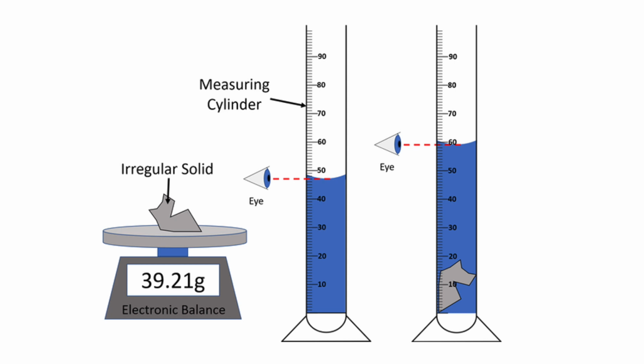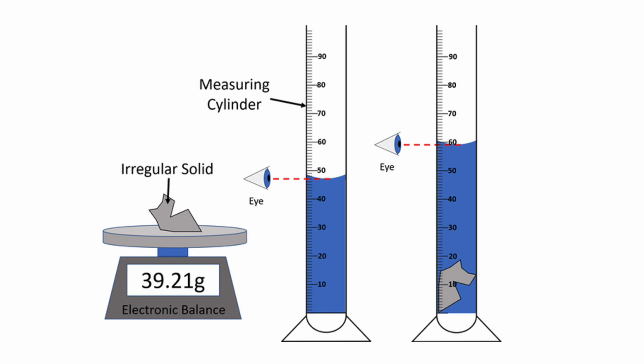First, we can find out the mass using the electronic balance. It is 39.21 gram. Second, we can take some water, here it is a colored liquid, and we can measure its volume. It's coming around 47 centimeter cube. Now, after dipping that irregular shaped solid object, you can measure the second reading.